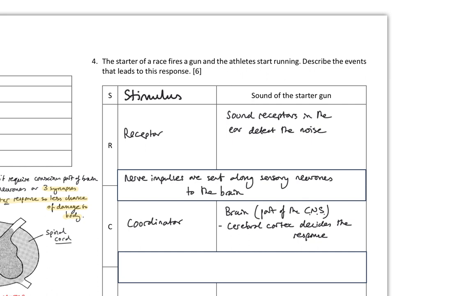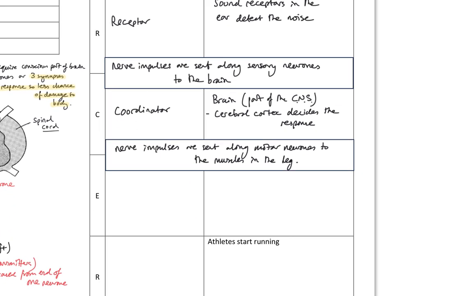Then I'm going to send nerve impulses. Again, it's another nerve impulse bit. Nerve impulses are sent along motor neurons to the muscles in the leg and other muscles as well. But let's just pick on one. Then we get to the effector, which I've already mentioned above.